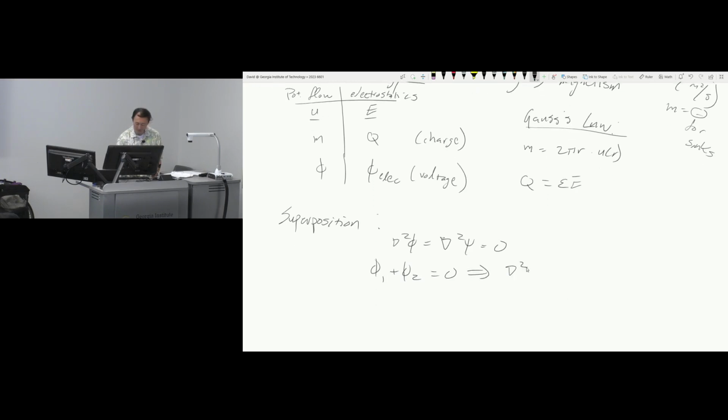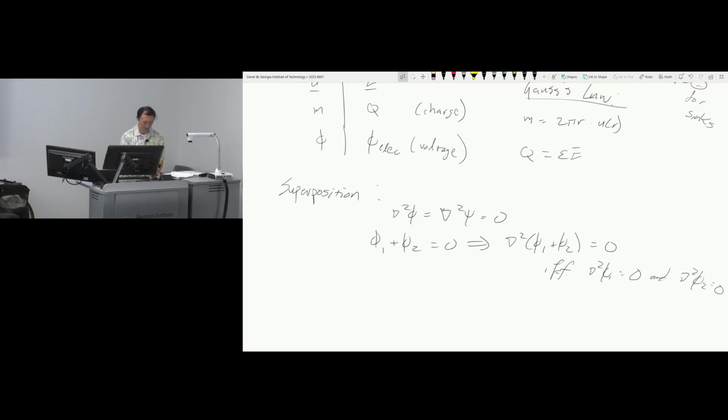That means del squared of phi 1 plus phi 2 is equal to 0 if and only if del squared phi 1 is 0 and del squared phi 2 is 0. And that's basically what people use. So superposition deduces W of z for multiple sources and sinks.